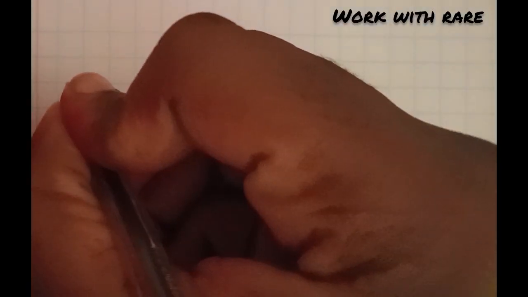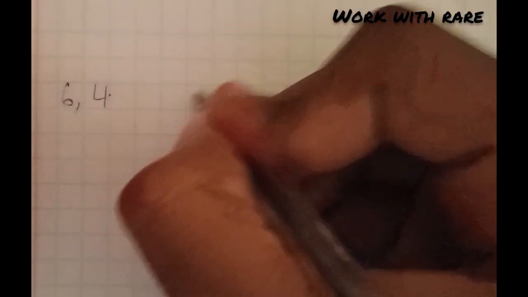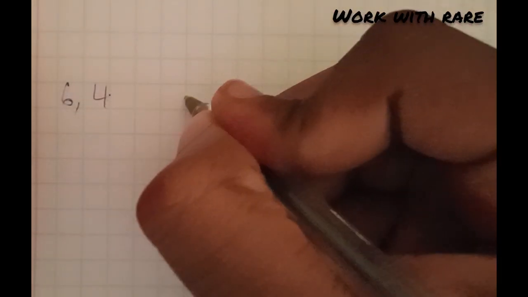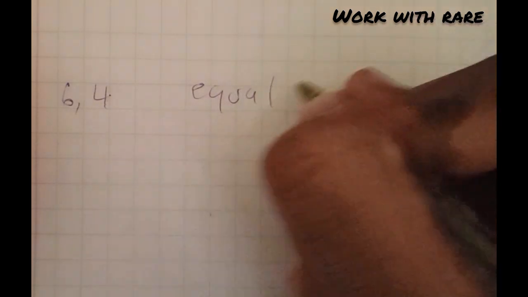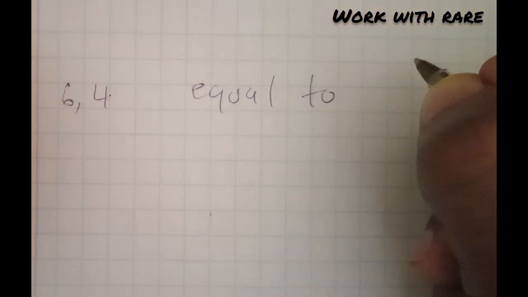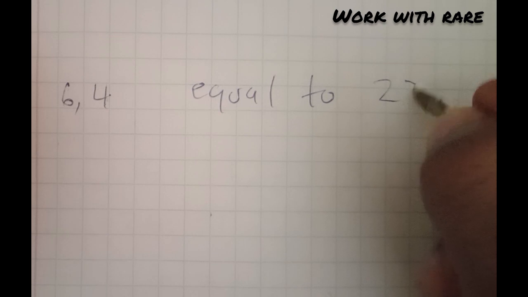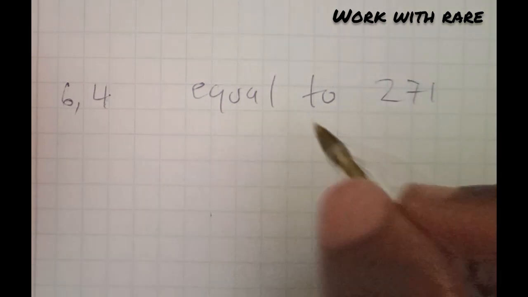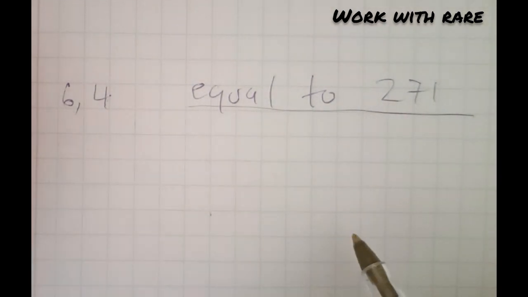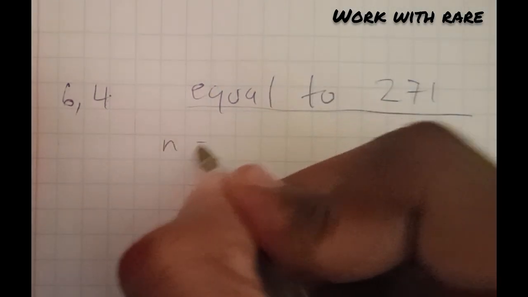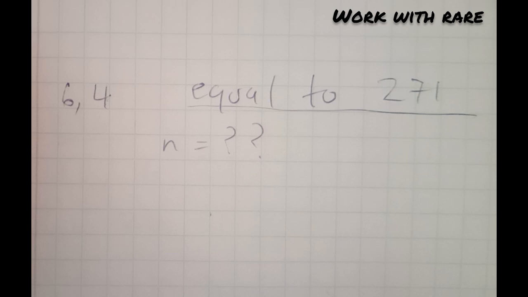So this is 6.4. We are looking for the term that is equal to 271. And I said, when you are given this question, you should calculate for n. We don't know the value of our n, but we will use our general formula.